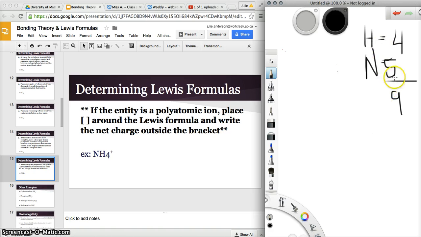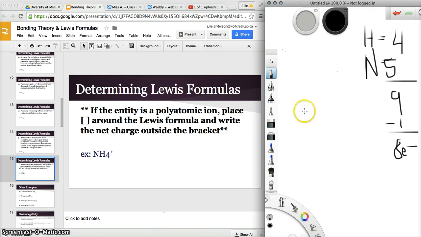Now, the trick is NH4 is positive, which means we have to account for the loss of a single electron. So we're going to subtract 1 here, and we're going to get 8 electrons that we can use to create our Lewis formula for NH4.